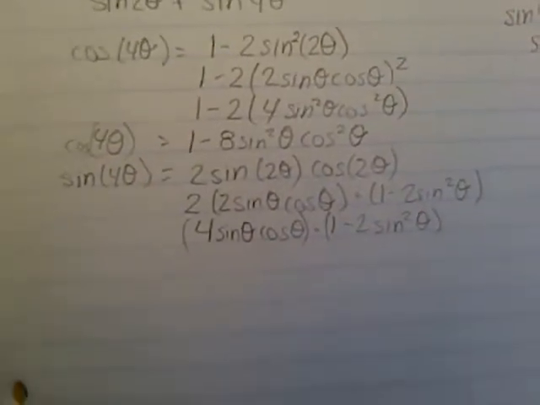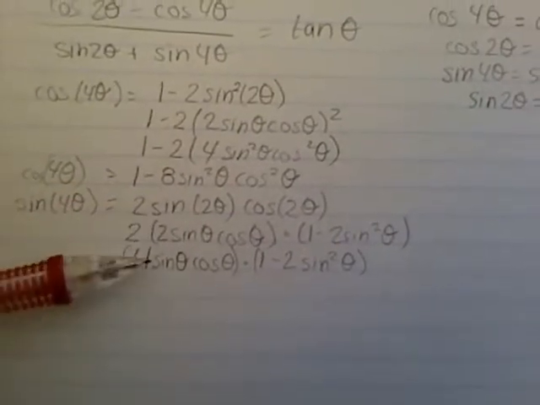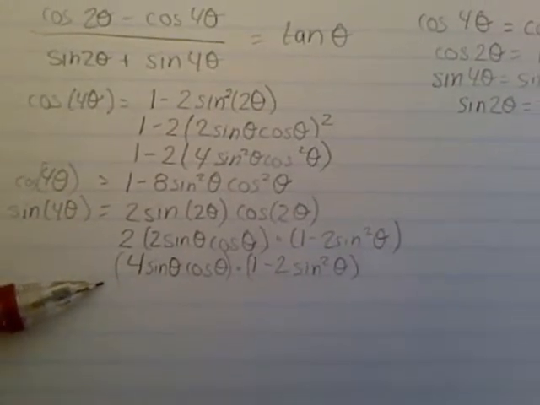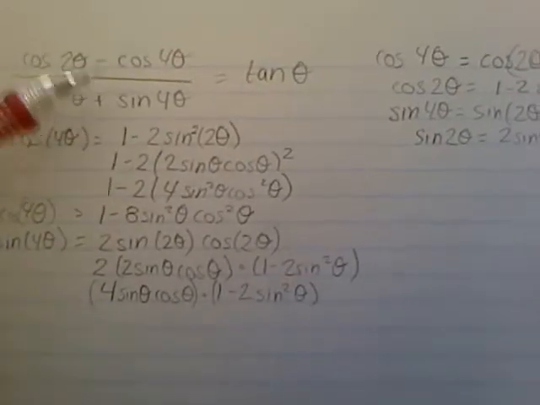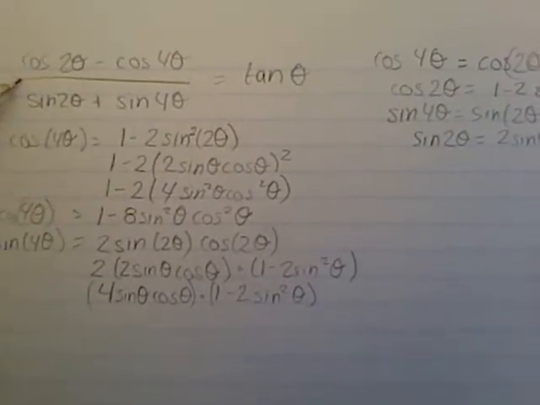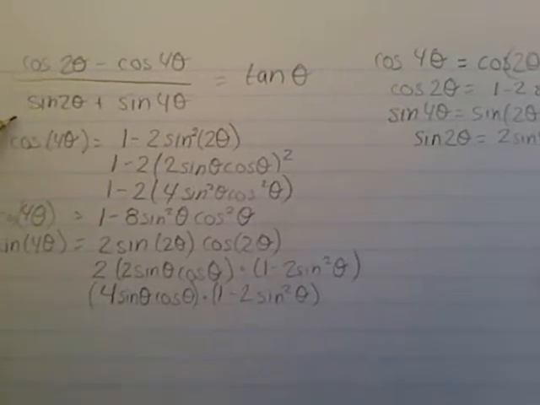So what you're going to do here is that knowing cosine of 4 theta and sine of 4 theta, you're going to plug it back into the original equation. And then we know the double angle formulas, right, from our trig identities, and we're also going to plug those in. So cosine of 2 theta is the same thing as 1 minus 2 sine squared of theta.